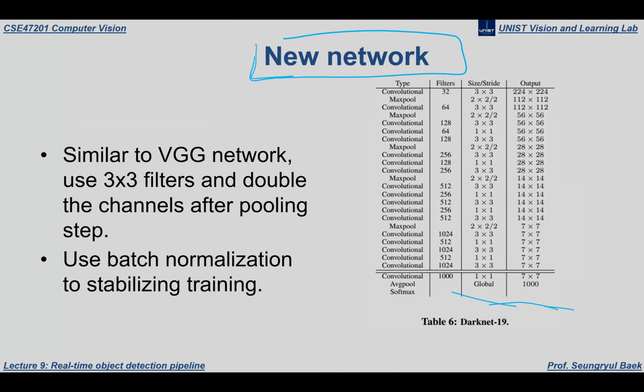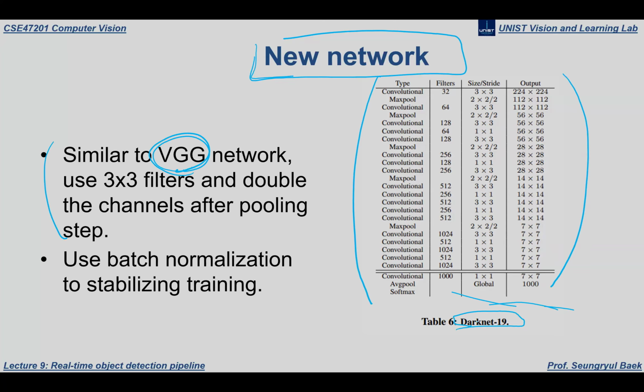Okay. And also, as I told you, YOLO version 1 used the VGG network as the backbone network. But they are proposing a new network dedicated to this object detection task. They call their backbone network Darknet-19.